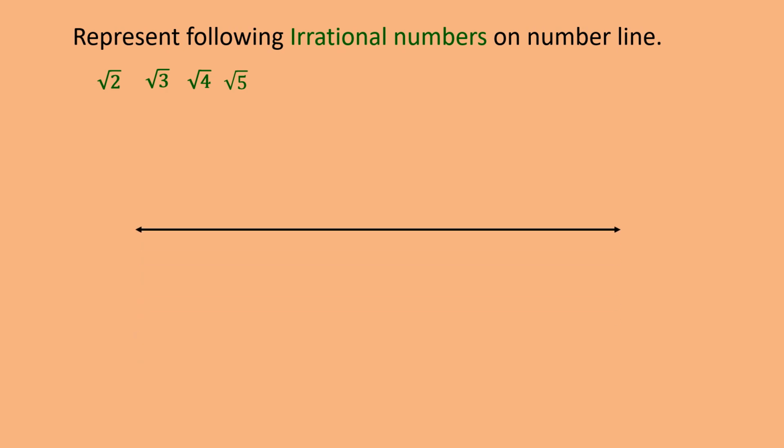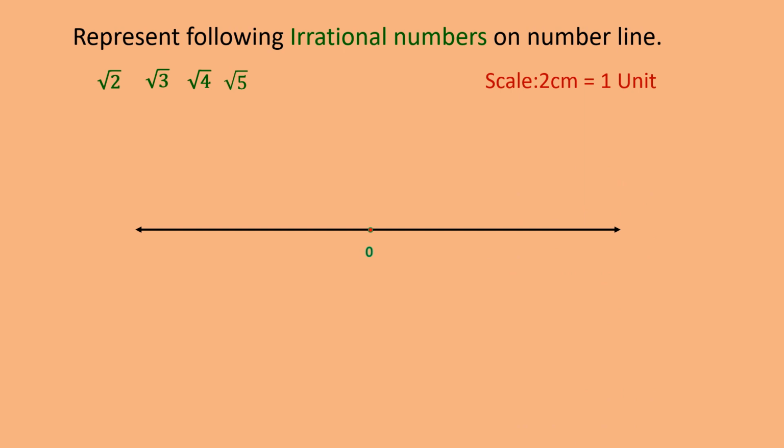For that, let us begin with a horizontal line. We'll draw one horizontal line and fix a point which we will take as the origin, and as you know, the origin has 0 coordinate, so I have put 0 there. Now we need to fix the scale, because without a scale we cannot fix the other points.